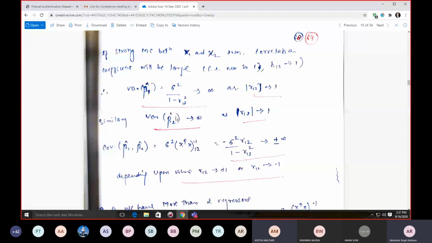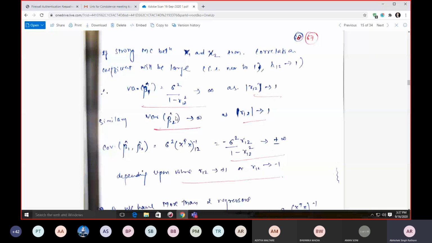When we assume that there exists a strong correlation between x1 and x2, we have a correlation coefficient, let's say a Pearson correlation coefficient.